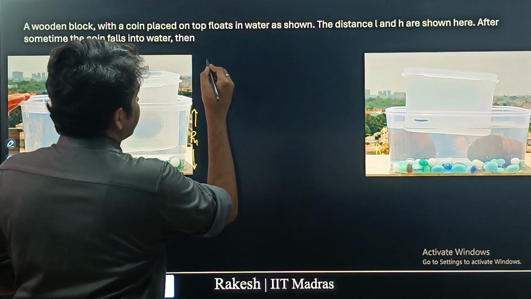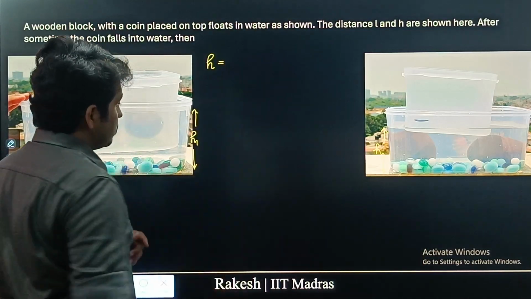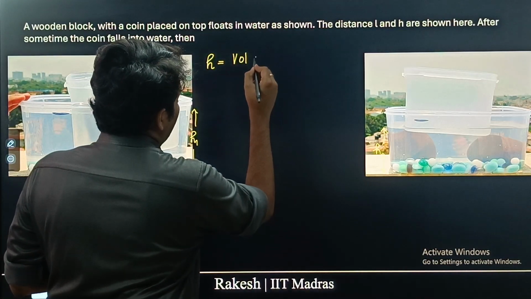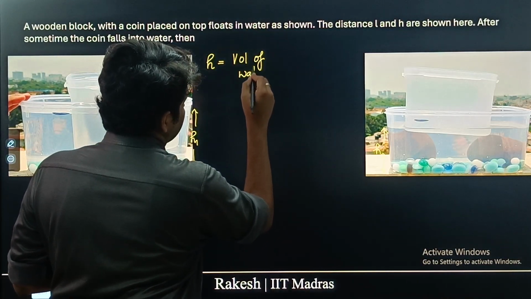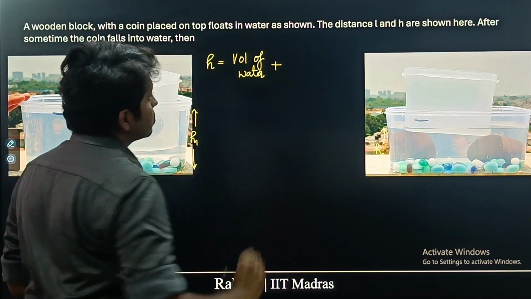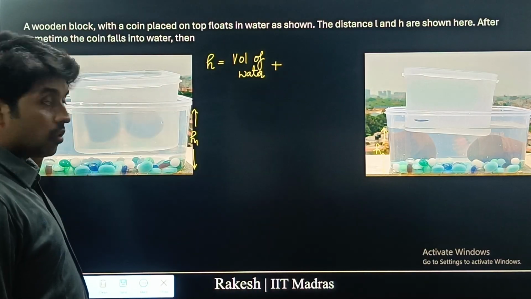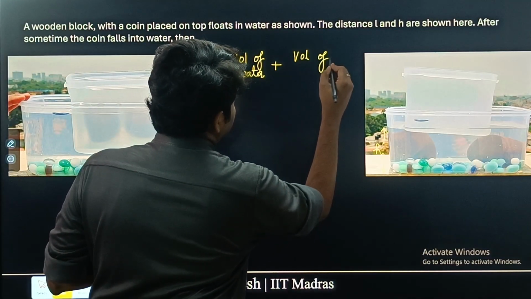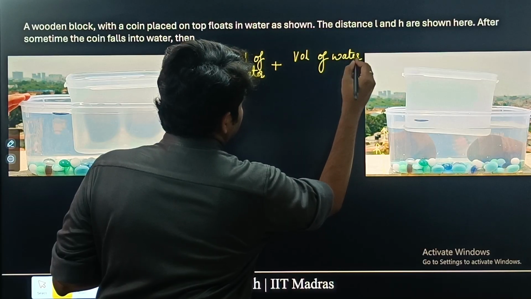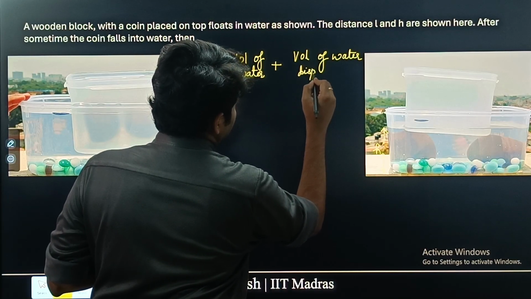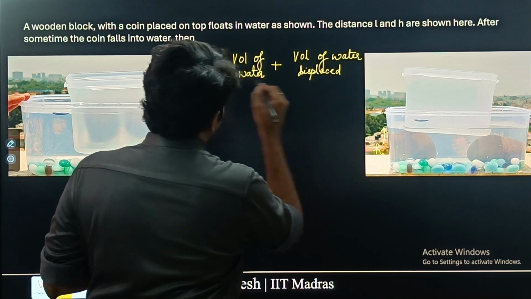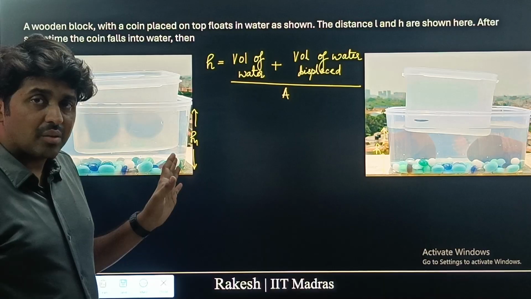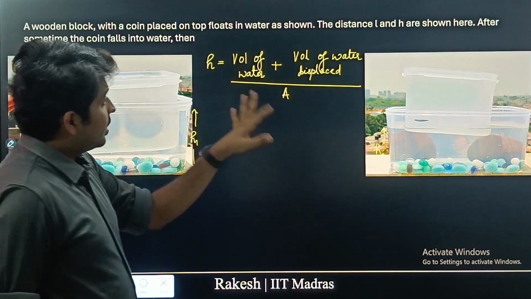Now we can say that the total height H equals volume of water plus volume of water displaced, divided by area. Okay, volume of water is the same in both cases. Okay, area is the same.